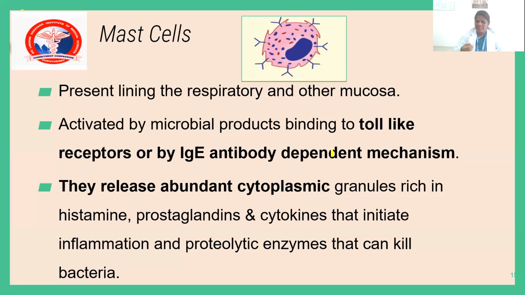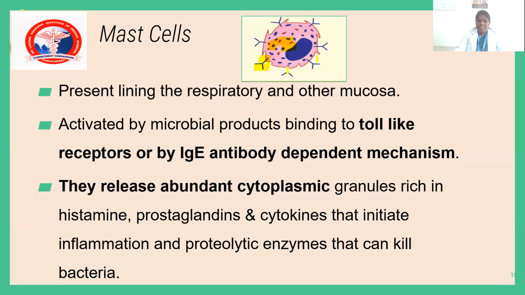This toll-like receptor or antibody will bind to the antigen so that it kills it with the help of the enzyme which is present in the mast cell. So the mast cell has this enzyme. This is called IgE antibody, or sometimes a toll-like receptor will be present.